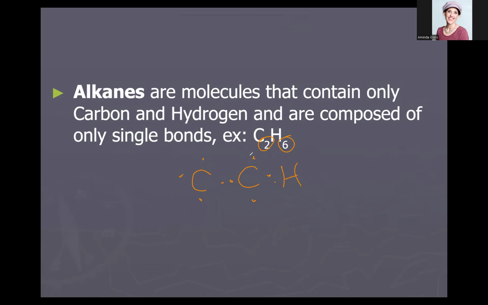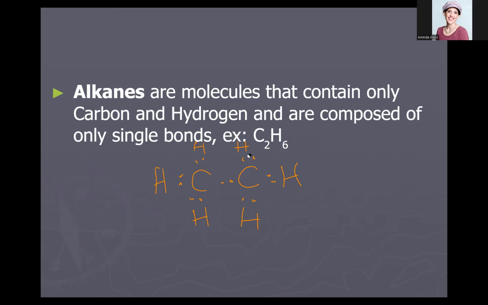So we have 1 with its valence electron, another here with its valence electron, another here, here, here, and here. And then we just check to make sure the octet rule has been satisfied for both of them.